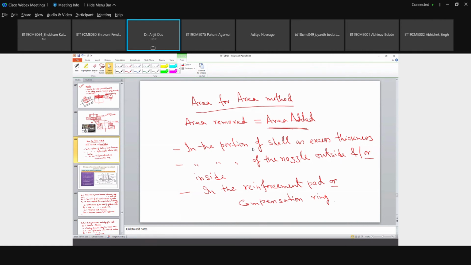So at first the area removed can be added in the cell as excess thickness. It can be added in the nozzle outside or inside or both outside and inside. It can be added as a reinforcement pad or compensation ring.